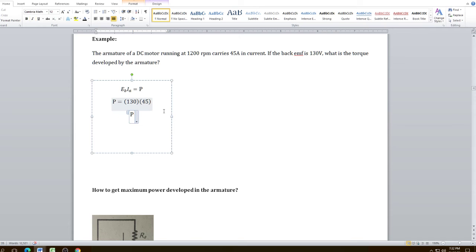So P is equal to 5850 watts. So this is the power.